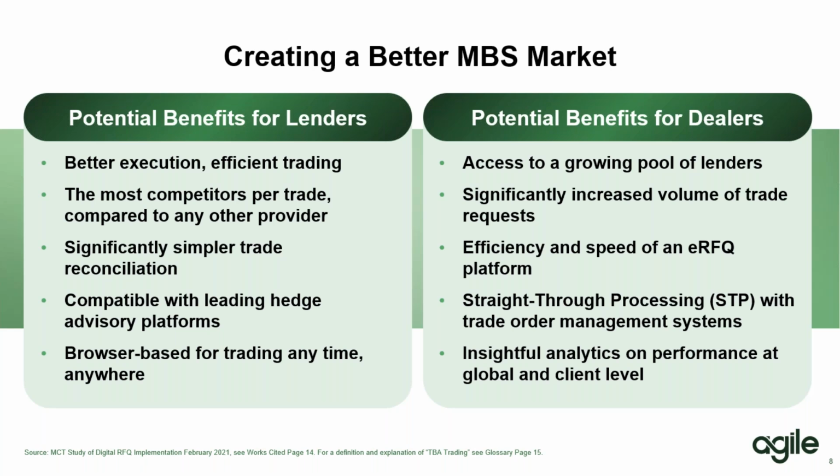The Agile solution is fully integrated with the MCT hedging platform. It's compatible with all other hedging providers, so if you're not an MCT customer, if you're a self-hedger, for example, or you're working with another hedge advisor, you can still access the Agile solution and trade TBAs electronically. And very importantly, this solution is browser-based.